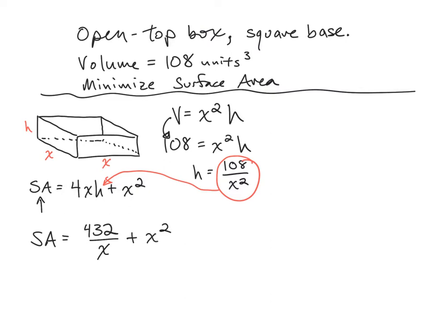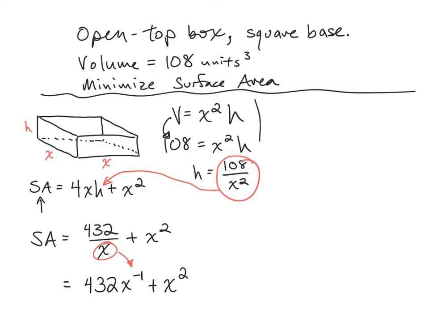Now to find out where it is maximized or minimized, where this surface area is optimized, we have to take the derivative of the surface area. But before we can do that, we have to rewrite this x as an x to the negative 1. Once we do that, we can use the power rule.